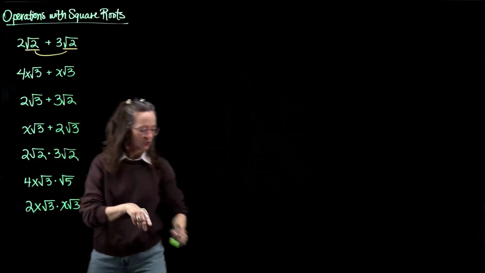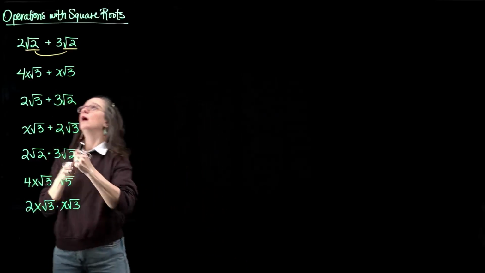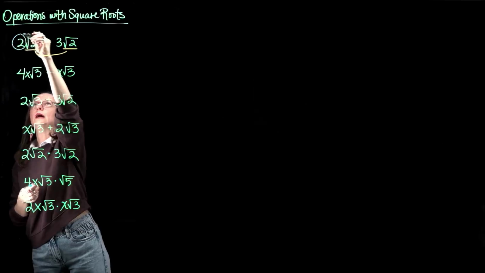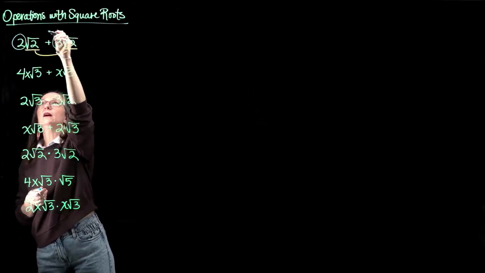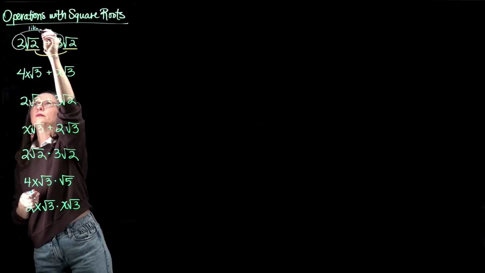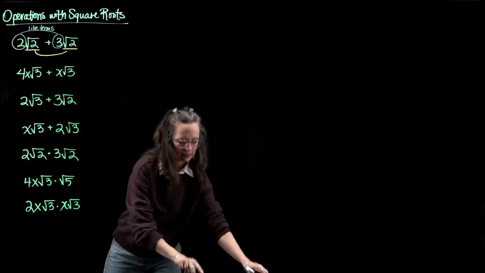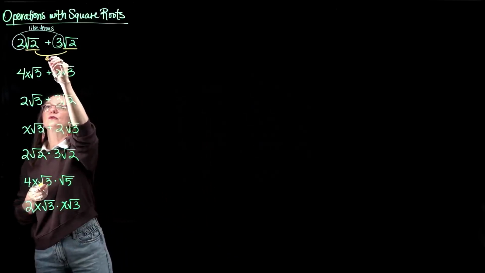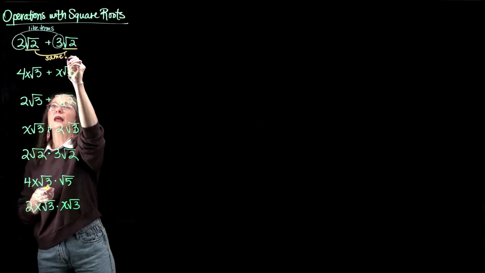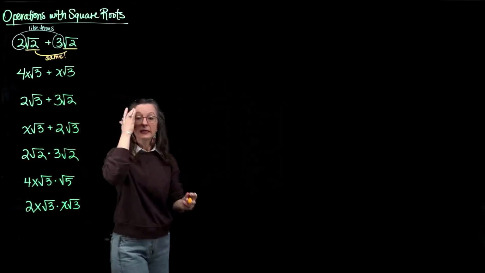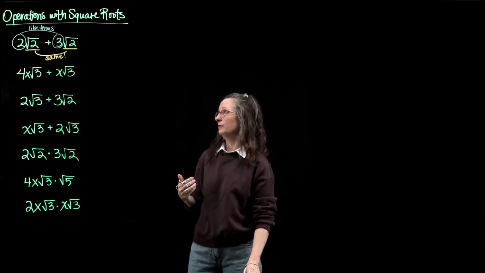Let's go with blue. This 2 and this 3 are like terms. Let's label those 2 square roots of 2 as the same. And that means that we can add them.